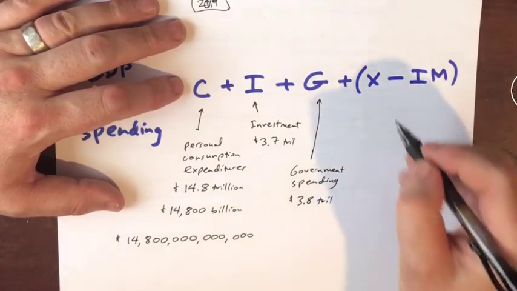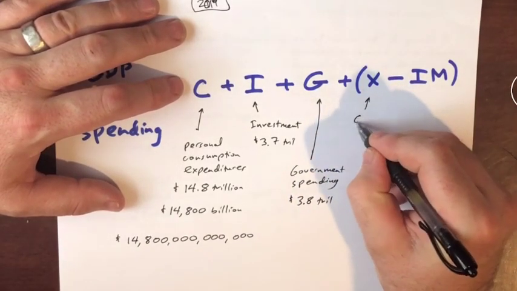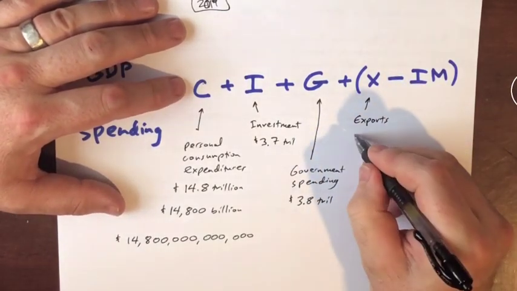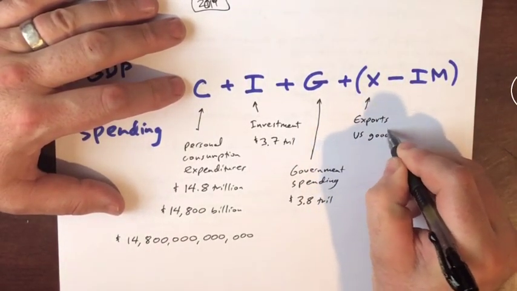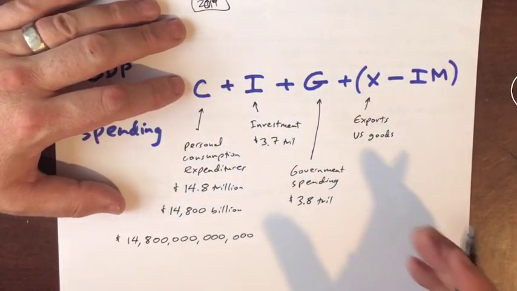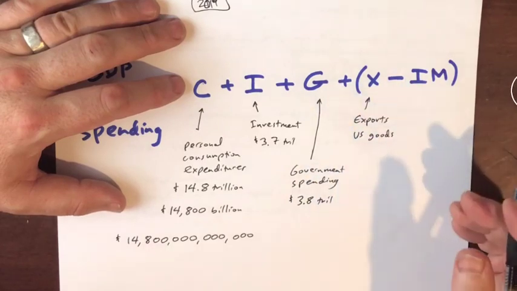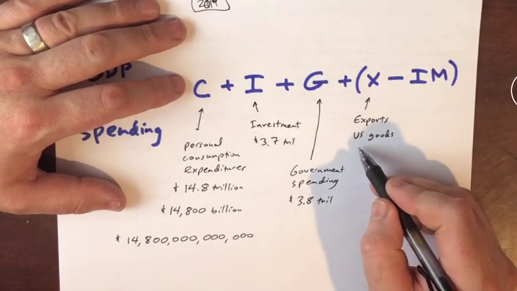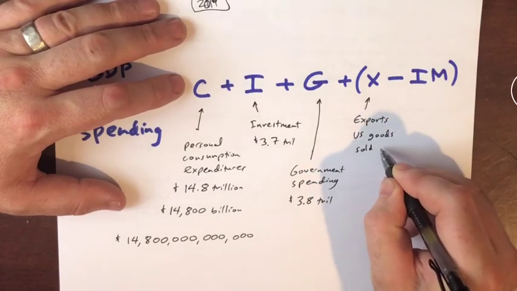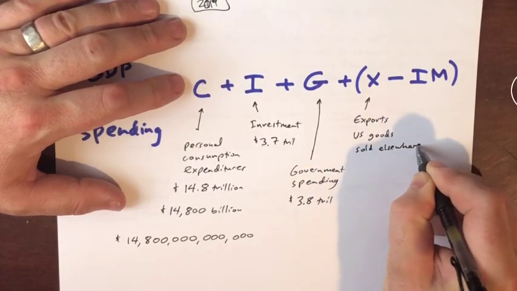All right. Now, X refers to exports. So these are U.S. goods and maybe some services, but mostly it's goods. Most of the trade is in goods. So overwhelming majority of it, U.S. goods that are sold elsewhere.